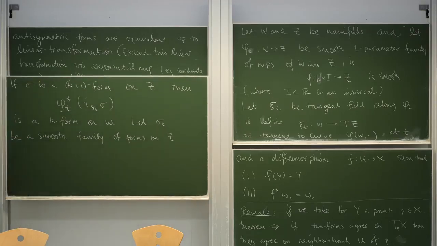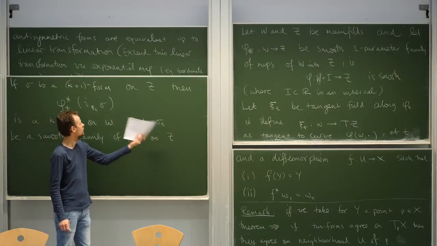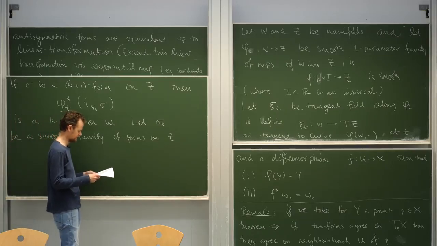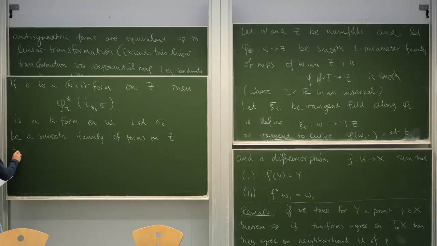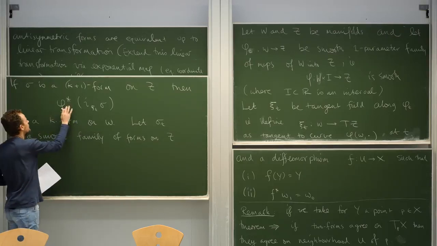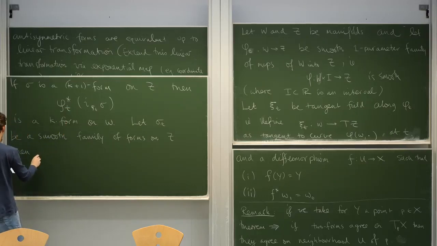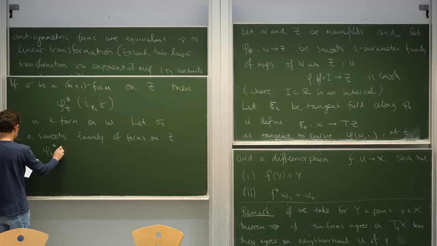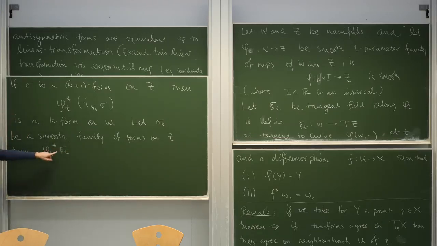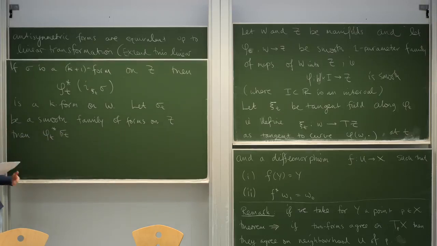So suppose we have a smooth family of k+1 forms on Z, then I'll just remind you of the local equation that this thing satisfies in t. So, well, first comment is that the pullback of this family is indeed a smooth family.